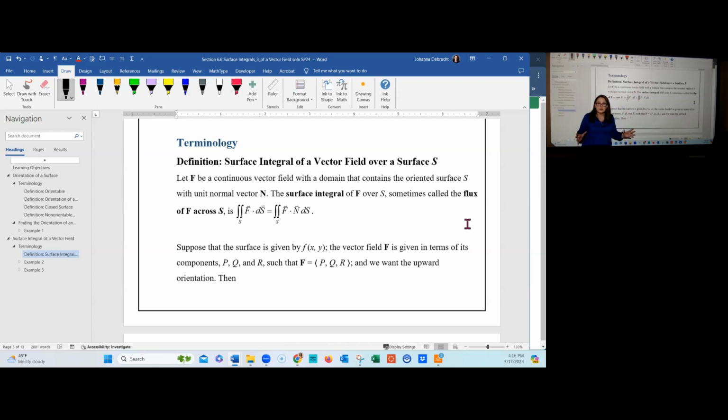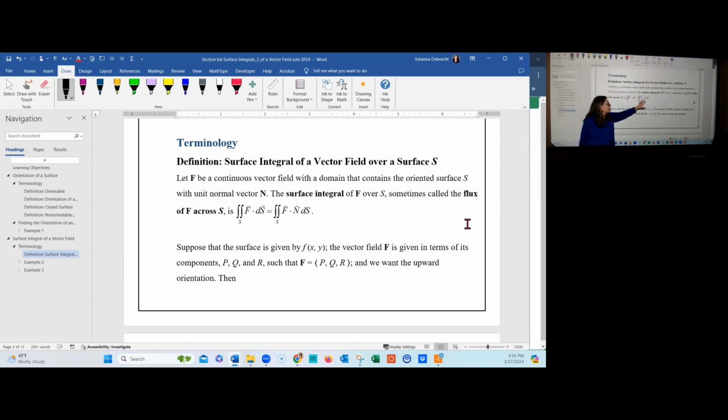Now, of course, the unit normal vector n will be different at different points. The surface integral of the vector field over the surface, which is sometimes called the flux of F across S, or the flux integral over S, is given by the surface integral of F dot dS with a vector over it.